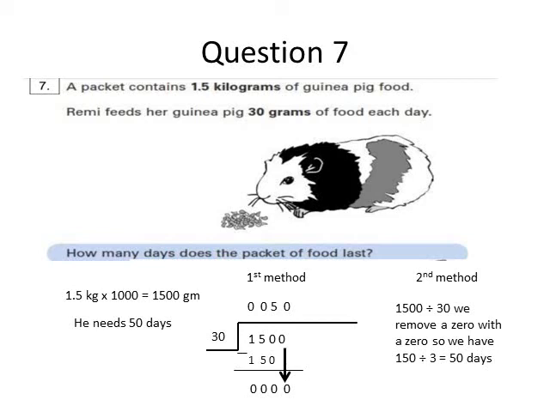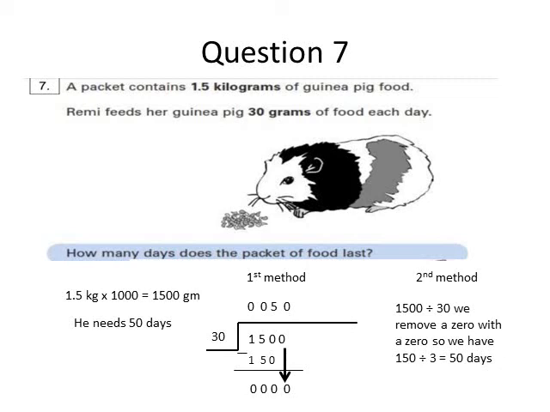And to solve it, you have 2 methods. The first method is to divide normally, 1500 divided by 30. So 1 divided by 30 equals 0, so I am taking the 2 digits together. 15 divided by 30 is still 0, and after that I'm taking the 3 digits together, which is 150. 150 divided by 30 is going to be 5, and 150 down, and then subtract. 150 minus 150 equals 0, and you have to bring down the next digit.